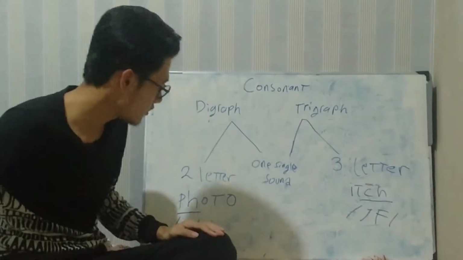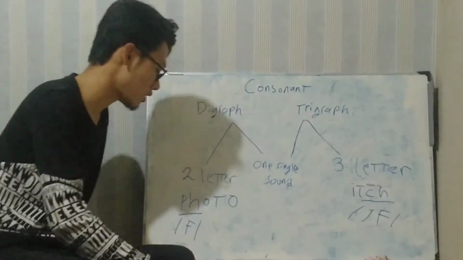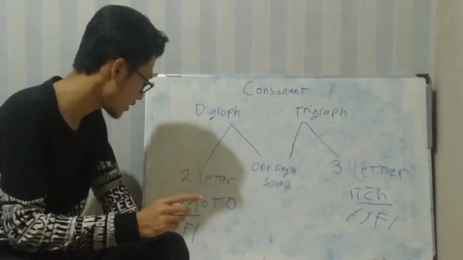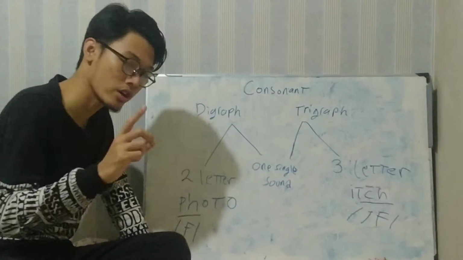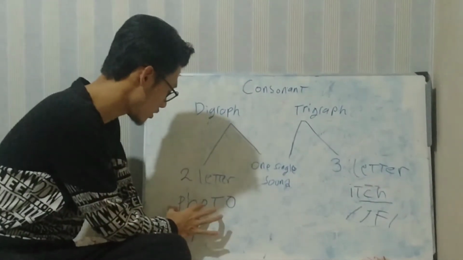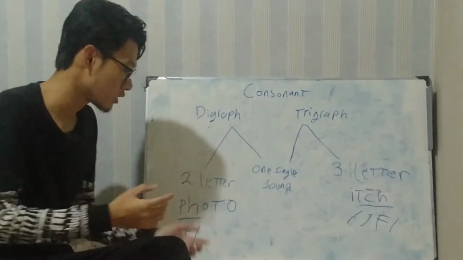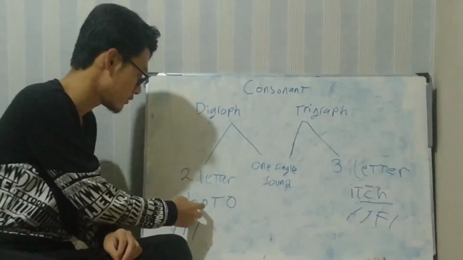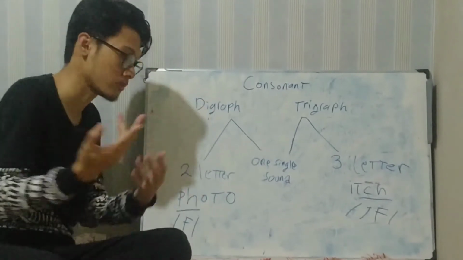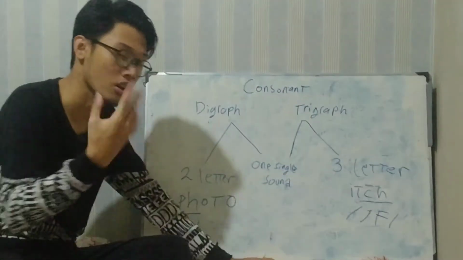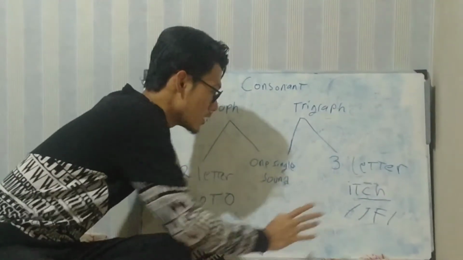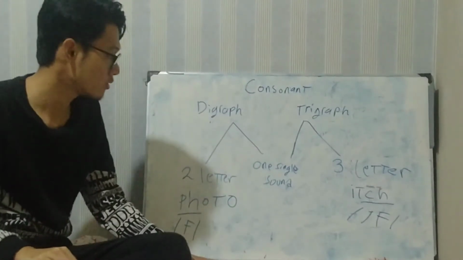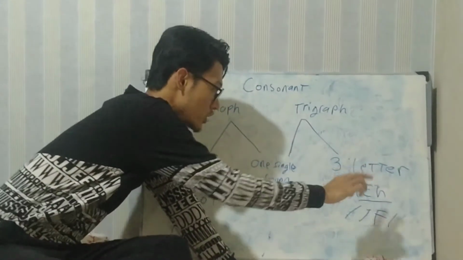I will give you the example of the digraph first. As you can see, I give the word photo. Basically there is PH, one single phoneme that is represented by two letters. This is the two letters that I'm saying. And the other one is the same, one phoneme, but it is followed by three letters.